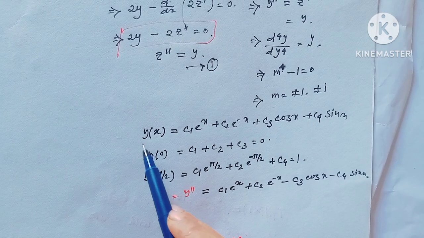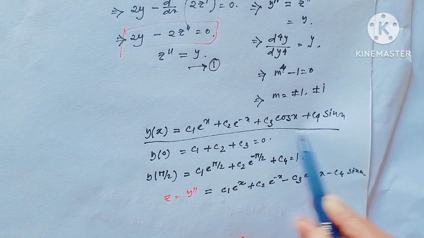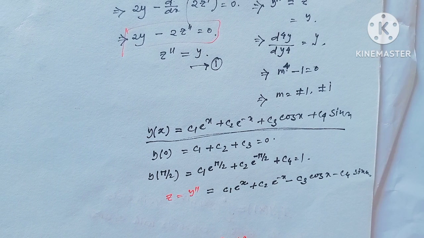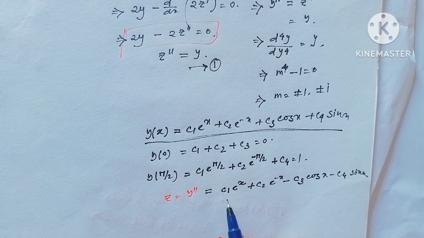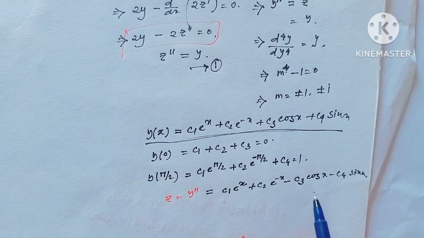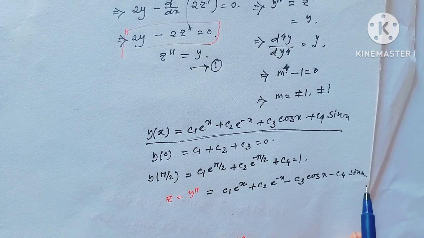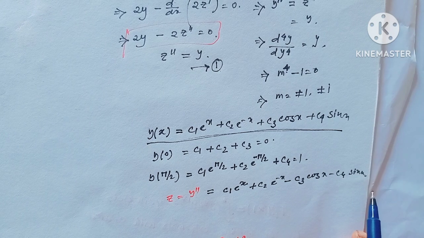And here I have y(x) equal to this. Therefore, y double dash would be c1 e^x + c2 e^(−x) − c3 cos x − c4 sin x.